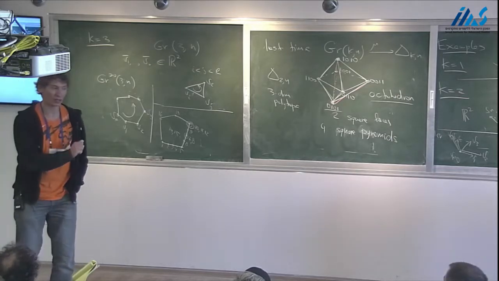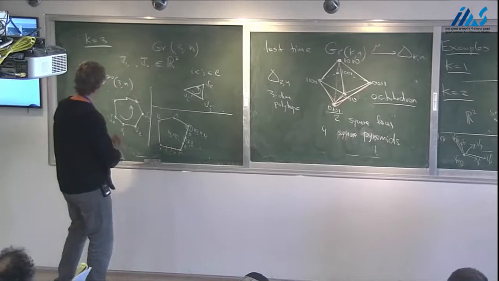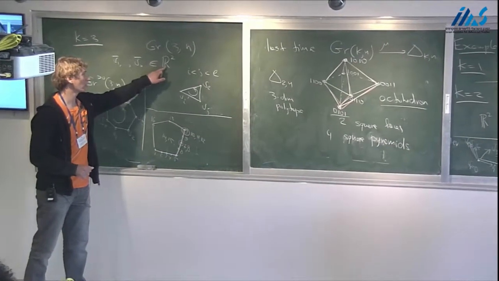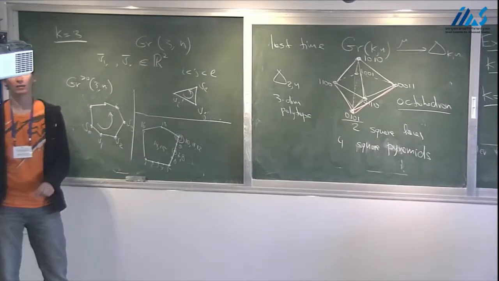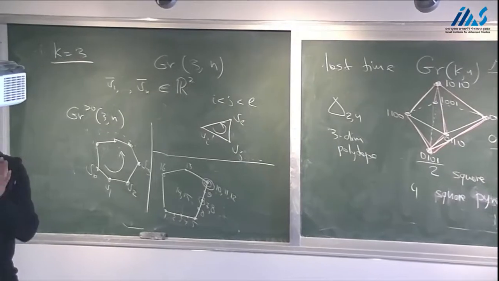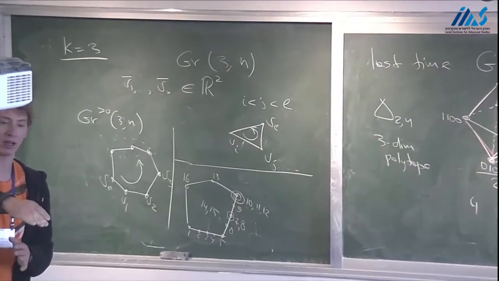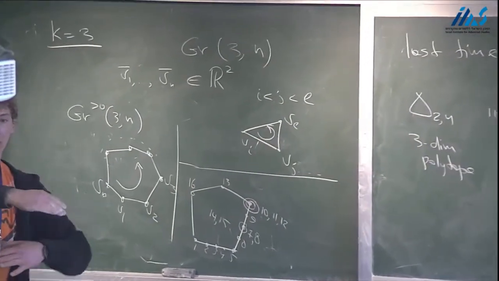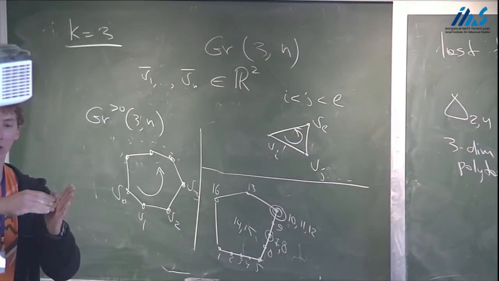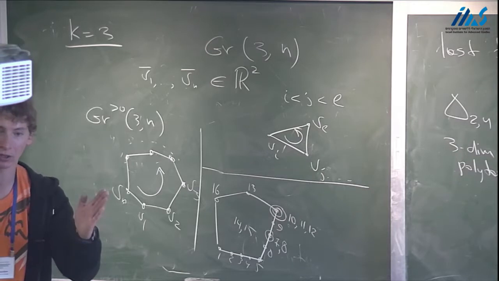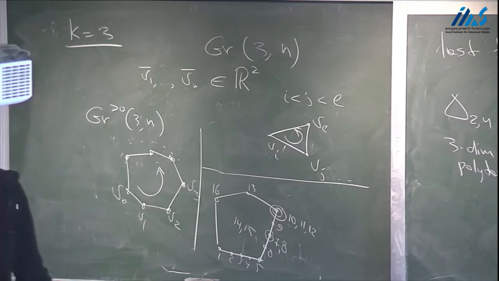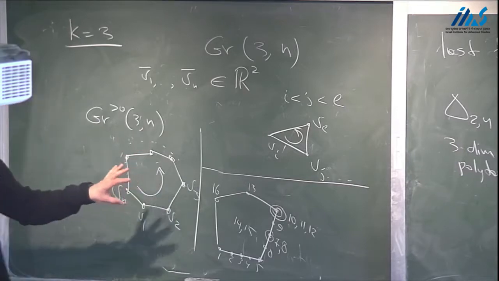Here, I'm cheating a little bit because really this is a projective picture. So it shouldn't be R2, but it should be a projective plane, and here I kind of assume that all vectors point in one direction, and we pick a plane so that they intersect this plane in the positive direction, but there are also possibilities that they can go in the opposite direction. So this is what is happening.